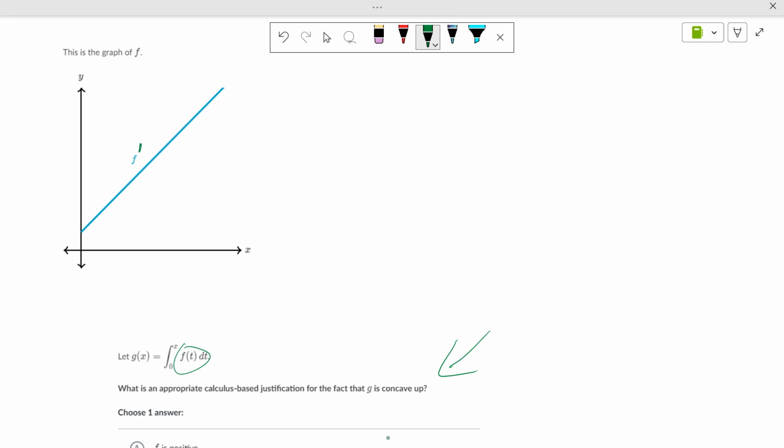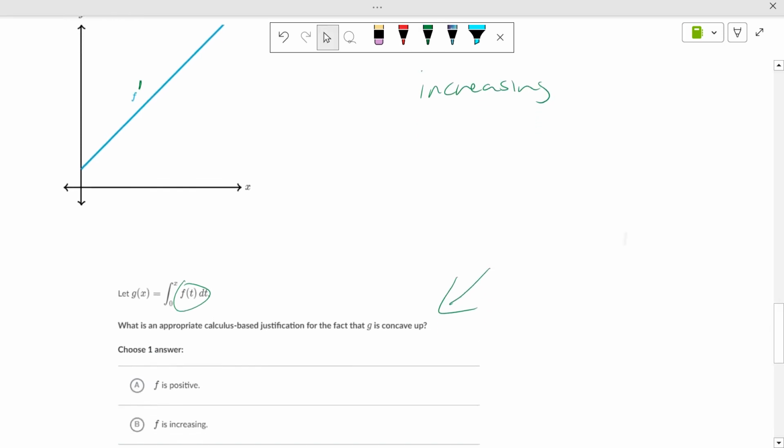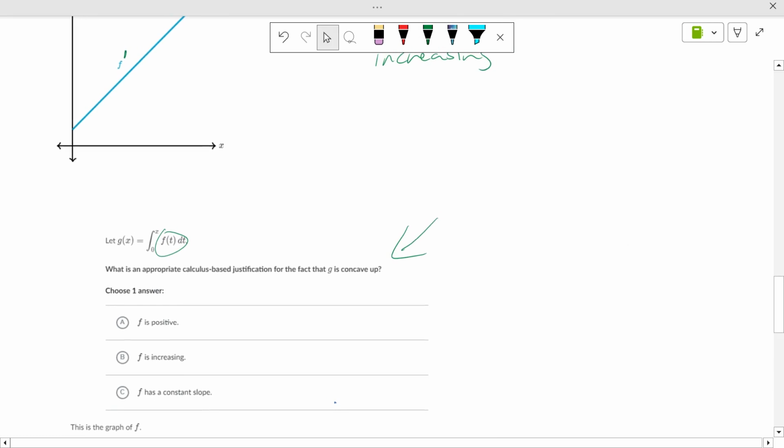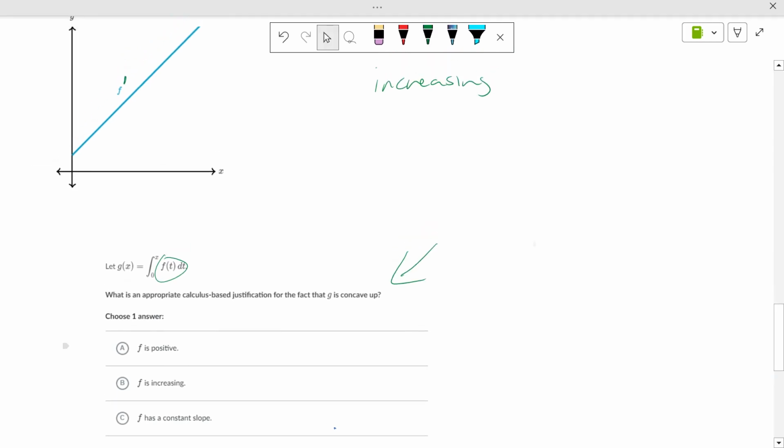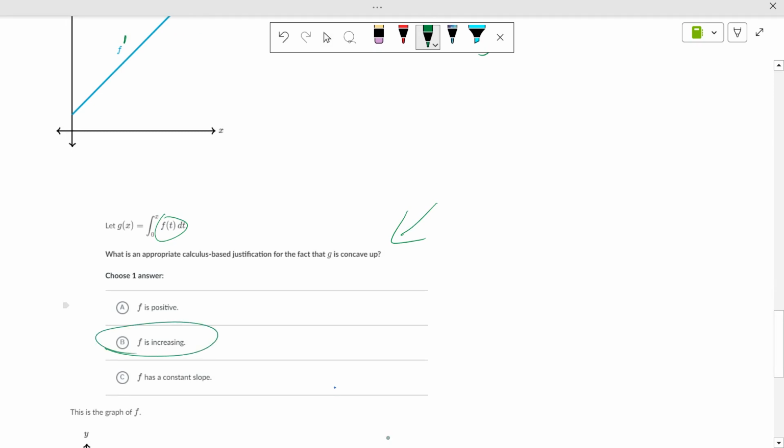Well, if you have a positive slope that's above the x-axis, what does the regular function look like? It's increasing, right? It's increasing because it's above the x-axis. And it's increasing faster. So what's appropriate that it's concave up? Because this is increasing.